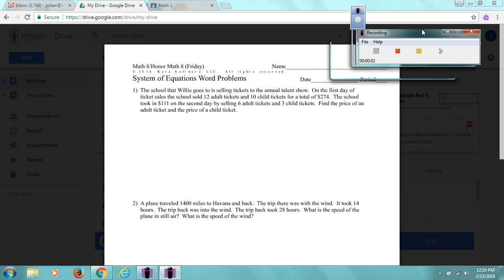On the first day, the school sold 12 adult tickets and 10 child tickets for a total of $274. The school took in $111 on the second day by selling 6 adult tickets and 3 child tickets. What we need to assume, because we're not told otherwise, is that the adult ticket and the child ticket price did not change between day 1 and day 2. There wasn't a sale on day 1 and then not a sale on day 2. So the price of the ticket's the same.